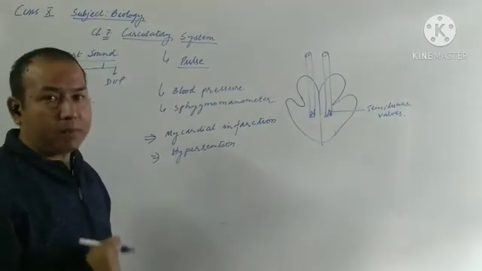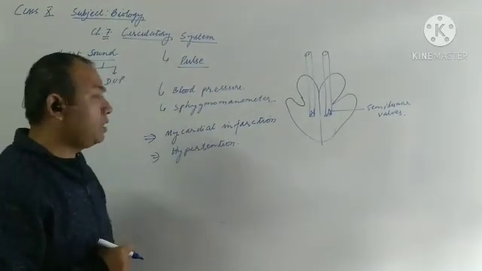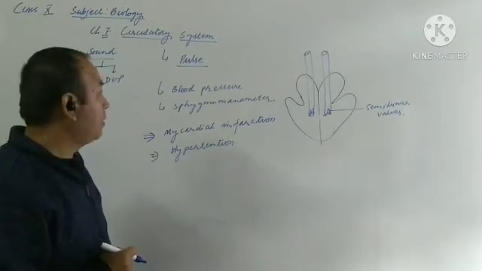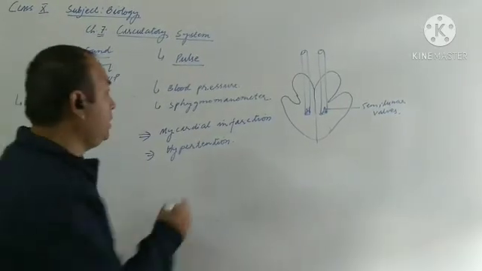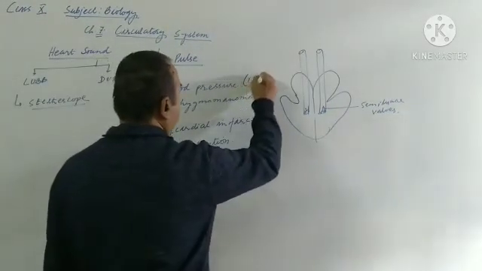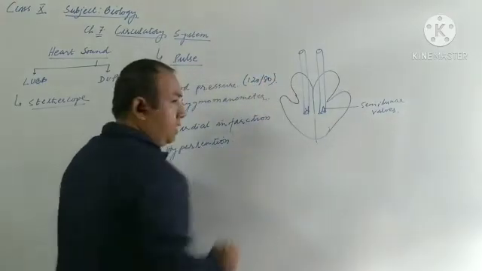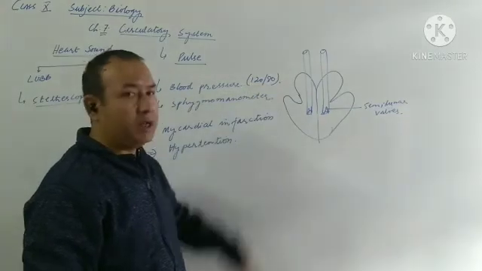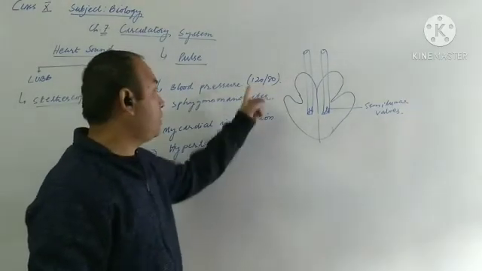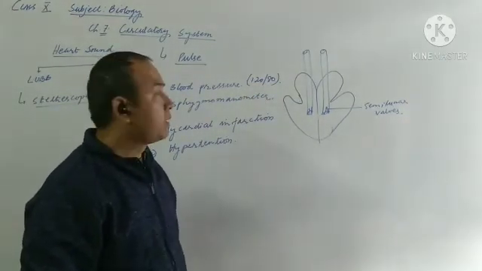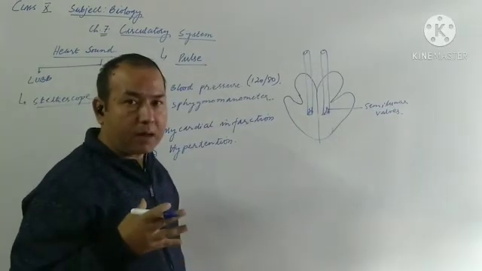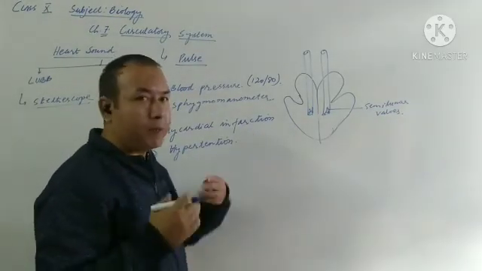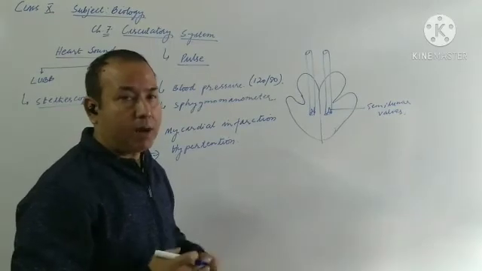Then, in order to measure the blood pressure, we have the instrument called sphygmomanometer. The normal blood pressure is 120 by 80. 120 represents systolic pressure, and 80 represents diastolic pressure. Systolic pressure means when the heart chamber contracts, how much pressure is exerted on the artery wall.